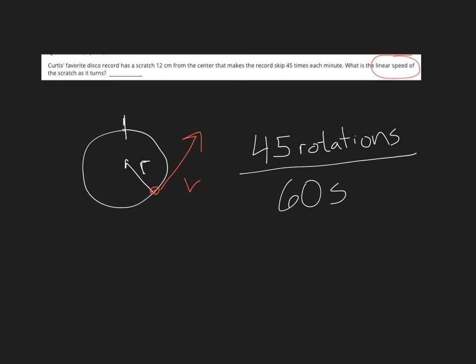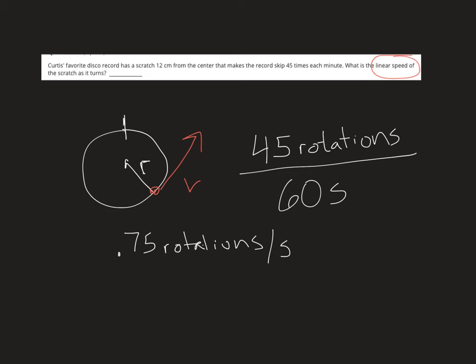So we just set it up, 45 rotations in 60 seconds. I plug that in, 45 divided by 60, and I get 0.75. So it can travel 0.75 rotations per second.